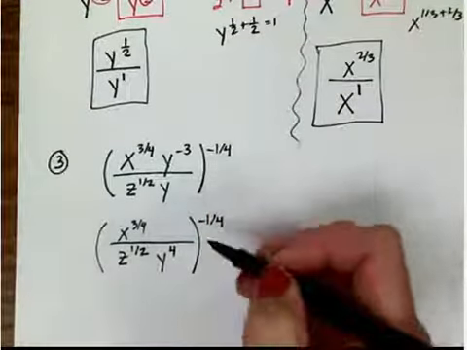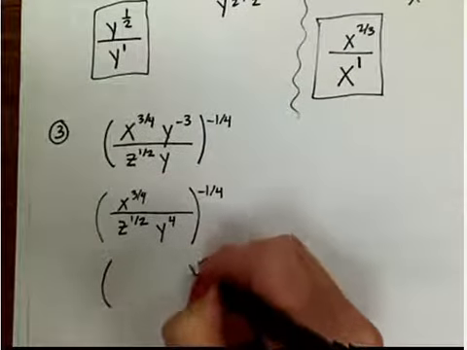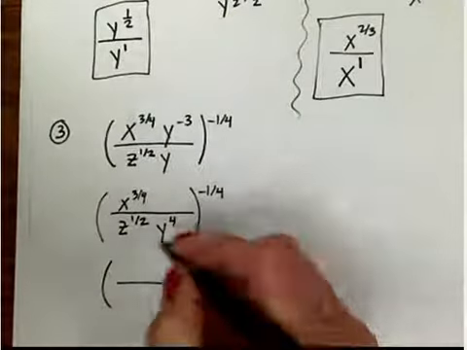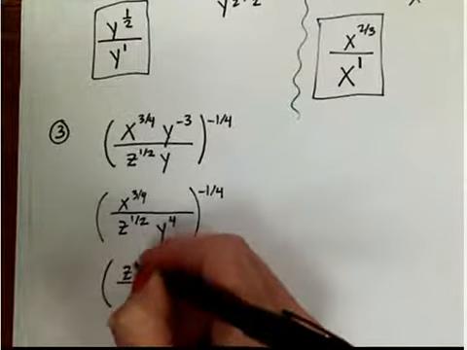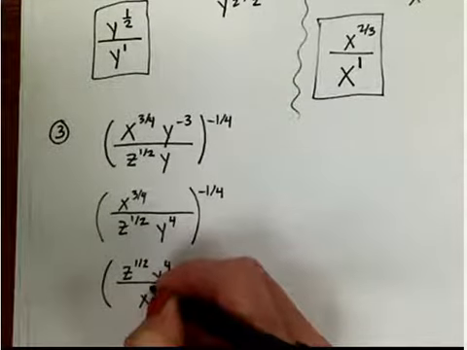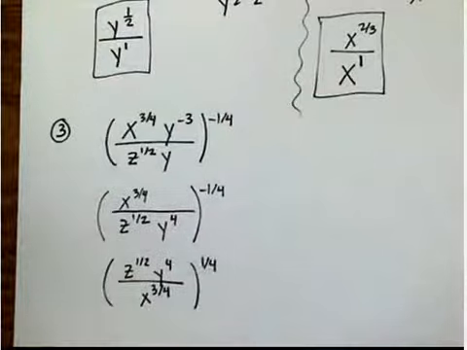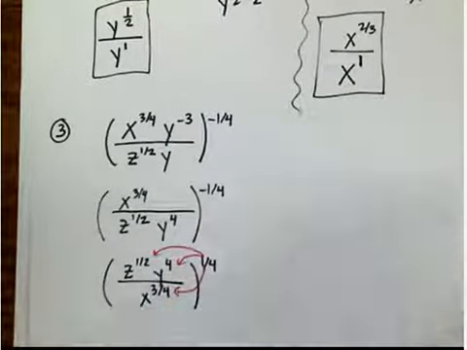Now, this negative exponent on the outside is a little bit tricky, so I'm going to make it a positive exponent. And in order to do that, I'm going to take the reciprocal of this fraction on the inside. Okay, so there's no more simplifying that I can do on the inside, so I'm going to go ahead and distribute this 1/4 exponent.